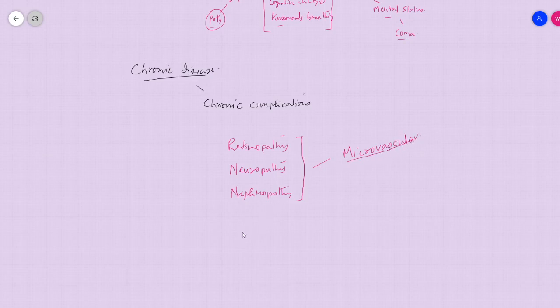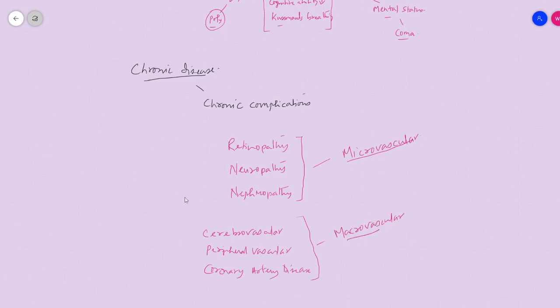And then there is also cerebrovascular, meaning the patient can have a stroke, or peripheral vascular or coronary artery disease. These are macrovascular complications.